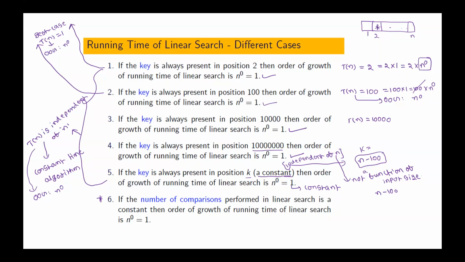Okay, I think you have some doubt, so let me ask you a question. In linear search, suppose you are always given an array which contains 1 lakh elements. N is always 1 lakh only. It is not a parameter, it is fixed. The input size is always 1 lakh.